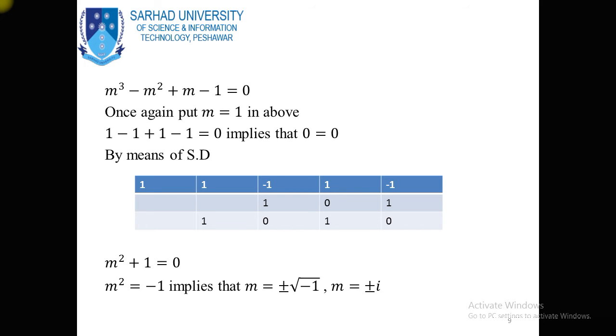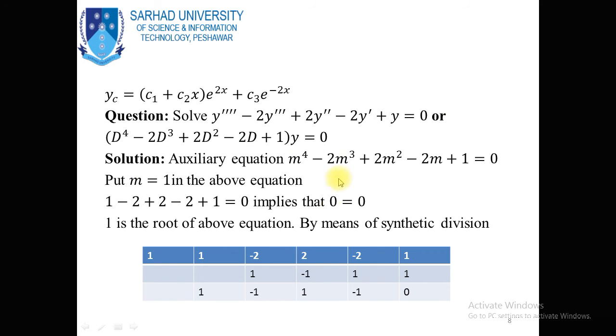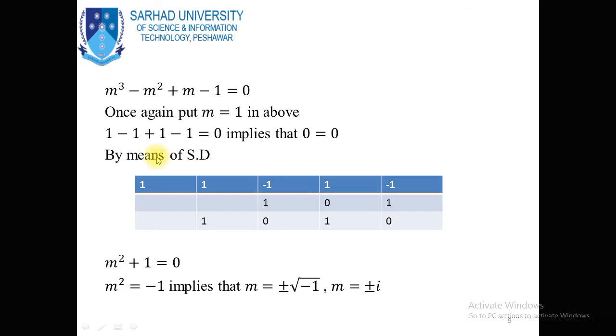But with the highest degree, solution of the equation is difficult. So synthetic division helps us. Actually synthetic division depresses the degree of the auxiliary equation, and when the degree of the auxiliary equation decreases, then the solution will be easy. For the auxiliary equation we can easily find the roots of the depressed equation.